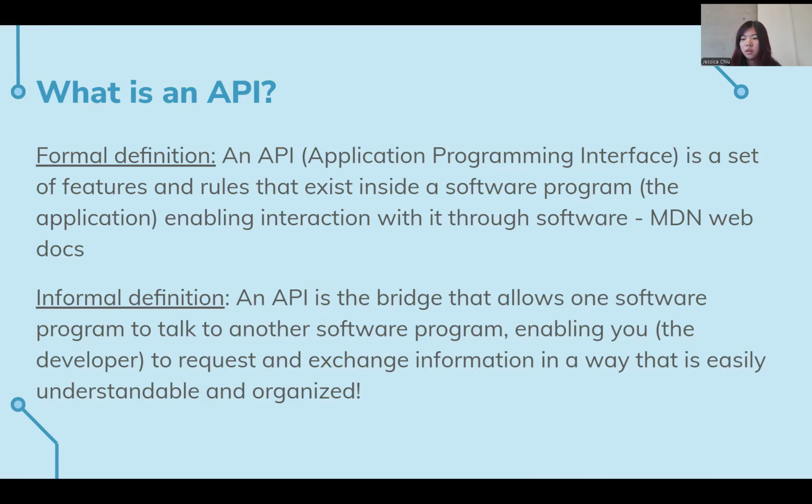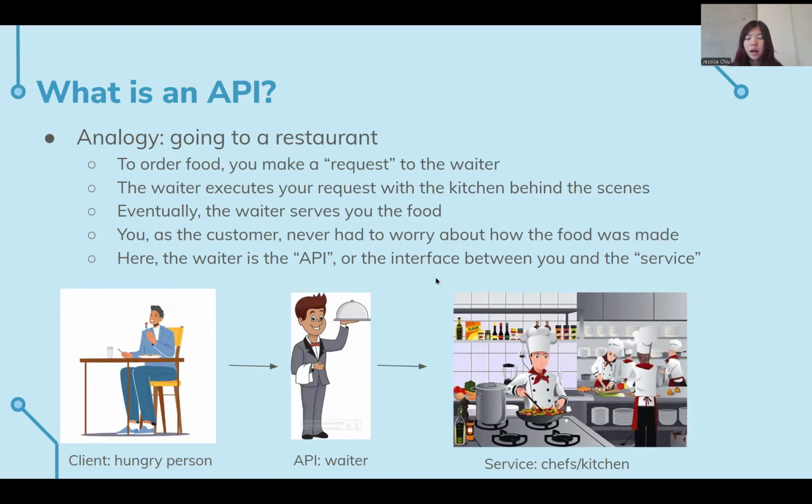Okay, so let's look at one more analogy. This is, I think, the best way to understand it, better than even the definitions. Okay, let's say you're going to a restaurant. You're going to order food, which is making a request to the waiter. The waiter executes your request by going to the kitchen and telling them your order. Eventually, the waiter will serve you the food, but you don't have to worry about how the food was made.